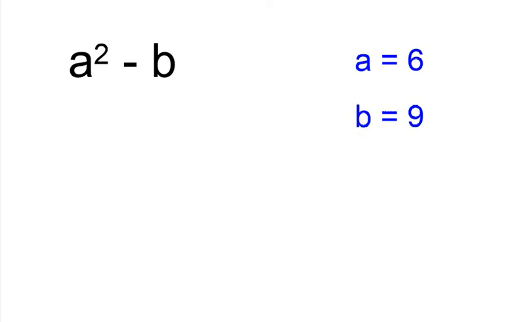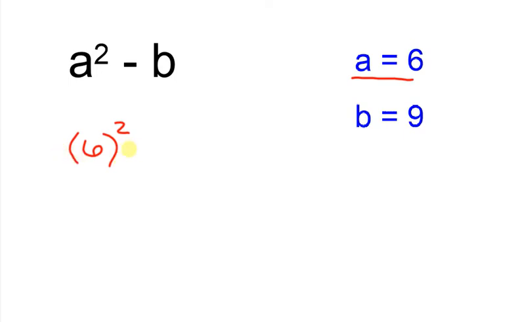Let's get just a little bit harder. Here we have a to the second power minus b. So for a, we're going to replace it with (6). But again, remember I told you, put it in parentheses. The reason why is because sometimes we'll have exponents attached, like in this example, and sometimes we'll have another number attached to it.